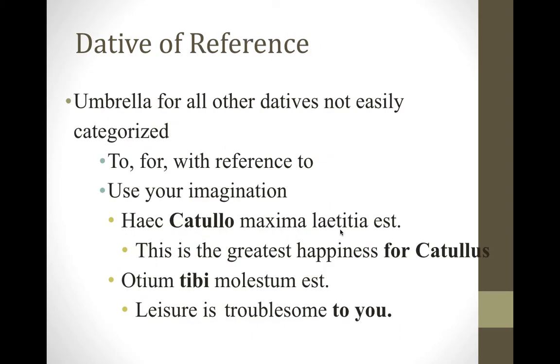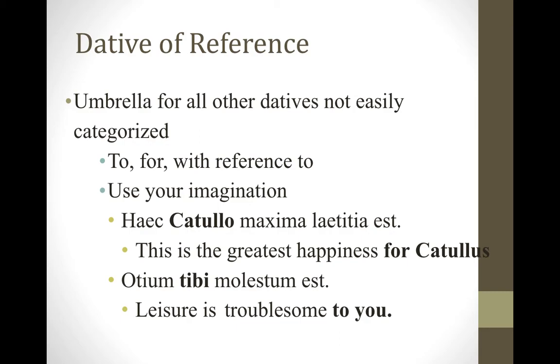And then dative of reference is the last one we're going to talk about today. This is kind of the umbrella for all other datives that are not easily categorized. So this is going to be basically to, for, or with reference to something is what the dative is being used as.